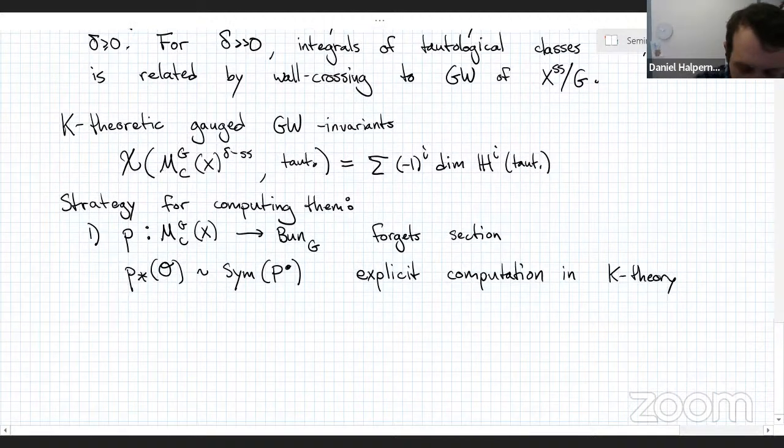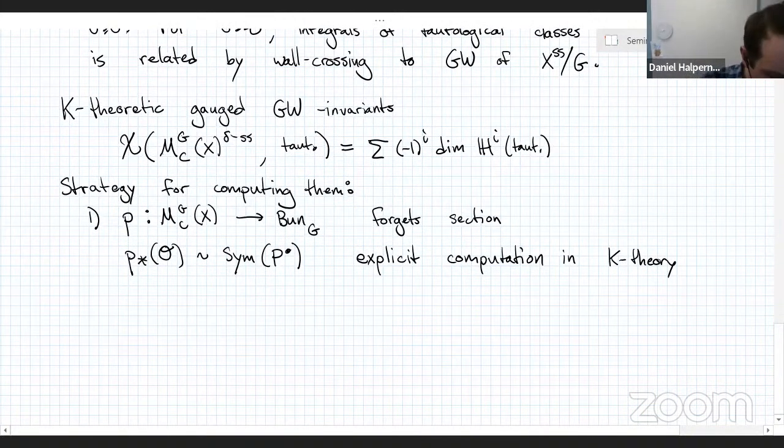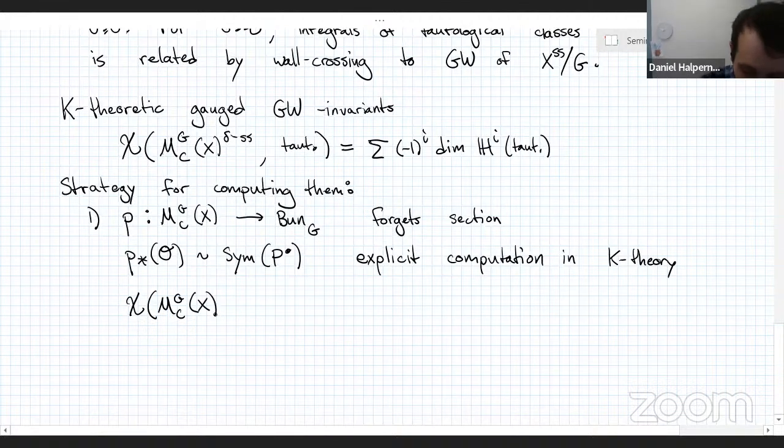And the upshot is that you can rewrite the integral over M_G(X) without a stability condition. So in step one, there's no stability condition. You just have this huge, monstrous stack, this enormous thing.